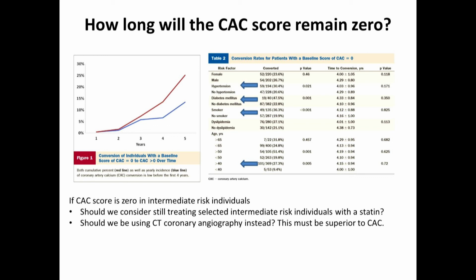For example, the diabetic population, or those individuals that continue to smoke and have at least one other risk factor. If it is decided not to start a statin in individuals with a number of risk factors, then you may have to repeat the calcium score in 5 years' time to know what your particular patient's trajectory is.